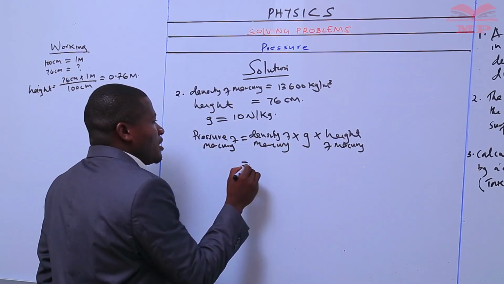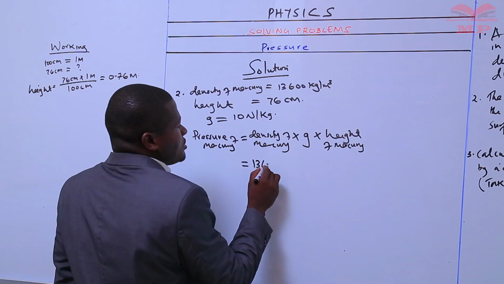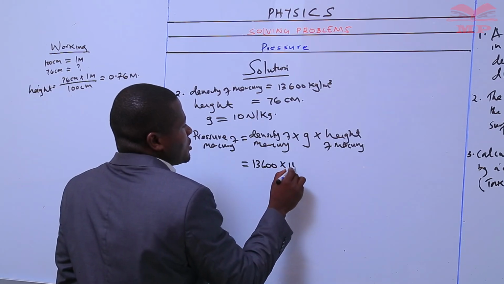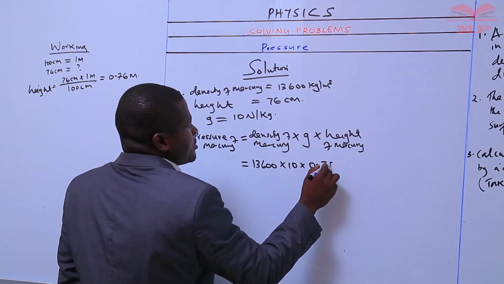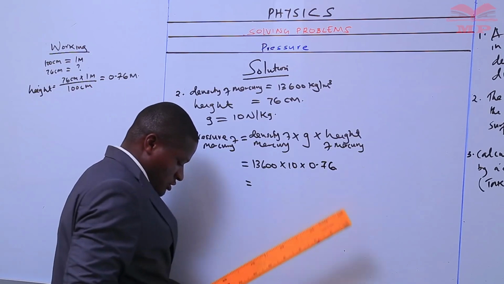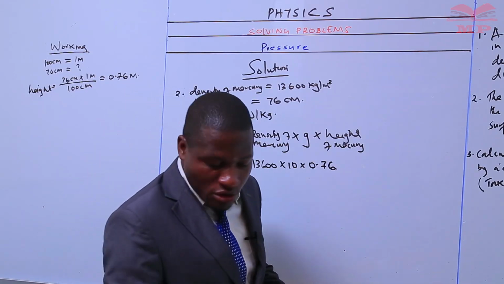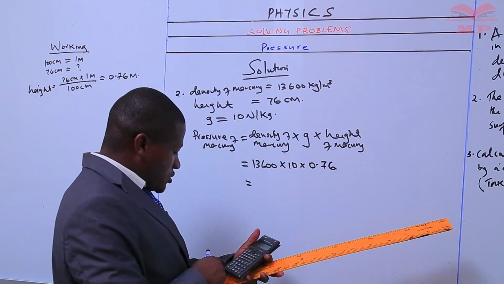Then I have density, then I have G. So I substitute in my formula: 13,600 times 10 times 0.76. You can use a calculator to work it out.